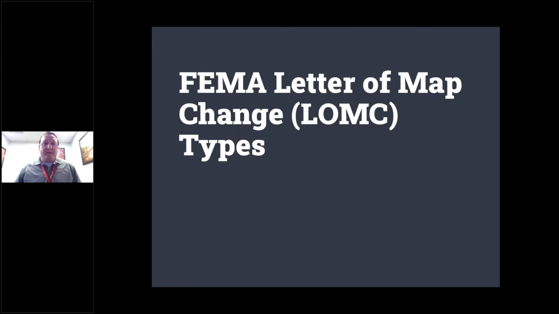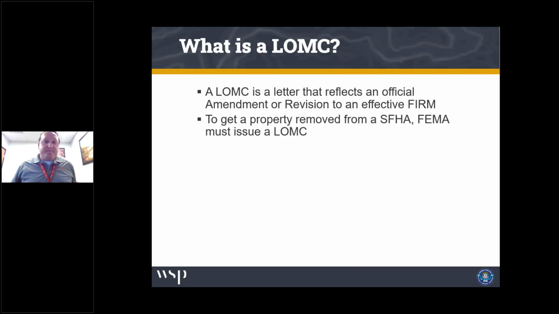So, FEMA letter of map change types. A letter of map change is a letter that reflects an official amendment or revision to the effective FIRM. To get a property removed from a special flood hazard area, FEMA must issue a LOMC. So in order for you to not have to pay flood insurance on a property and to have it removed from the special flood hazard area, you have to have a documented letter from FEMA saying that they have approved your LOMC process, whether that's a LOMAR, a LOMA.